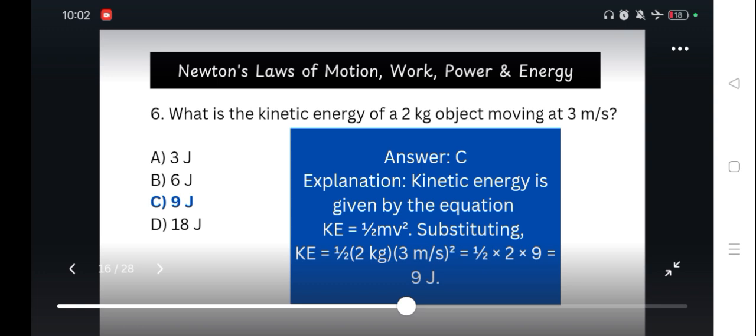Take note that you still have to square the velocity before you multiply it with the mass. Therefore, 3 times itself is equal to 9. That's why 9 times 2 kilogram is equal to 18. 18 divided by 2, or 18 times 0.5, the answer is 9. And the unit is equal to joule. Yes, kinetic energy has the same unit as work.